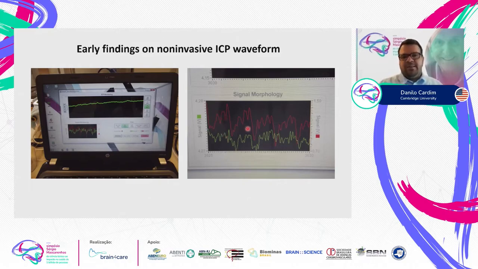So back in those days, we had early findings that even the minimally invasive sensor was able to capture these small oscillations that corresponded to the intracranial pressure waveform that the totally non-invasive methods nowadays rely on for the analysis of the different waveform peaks and different analysis concerning parameters in the brain.